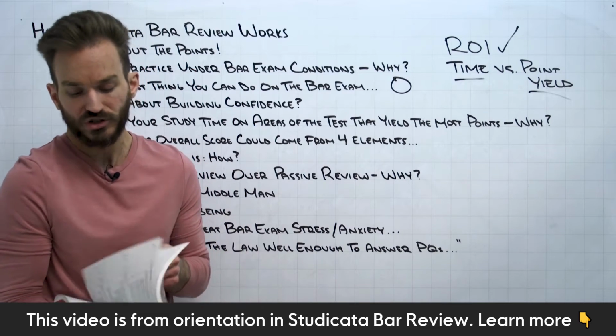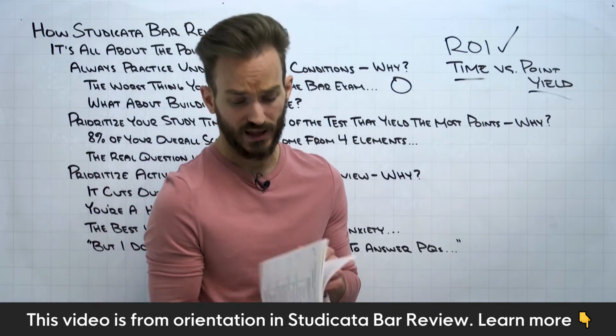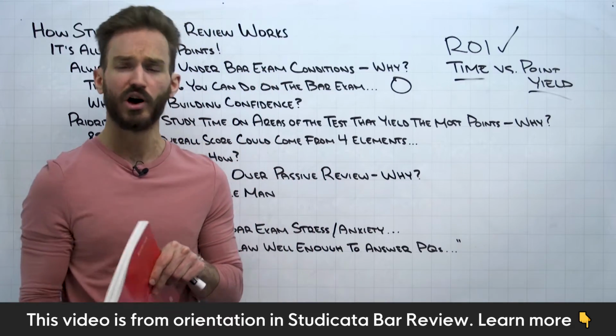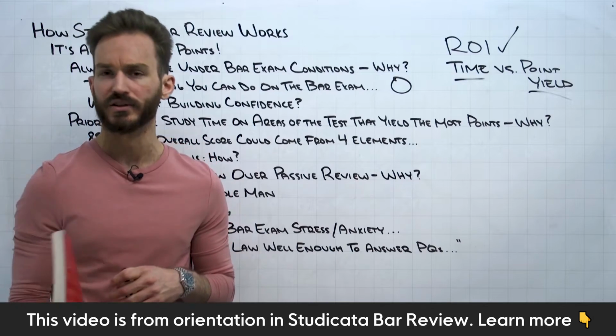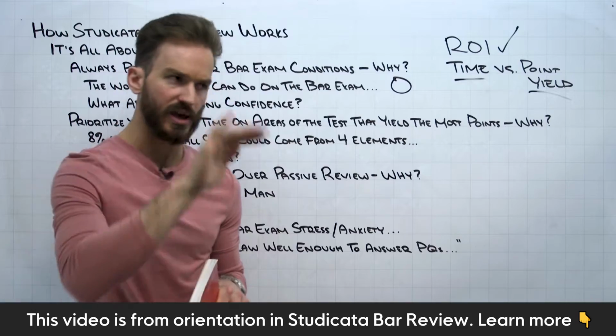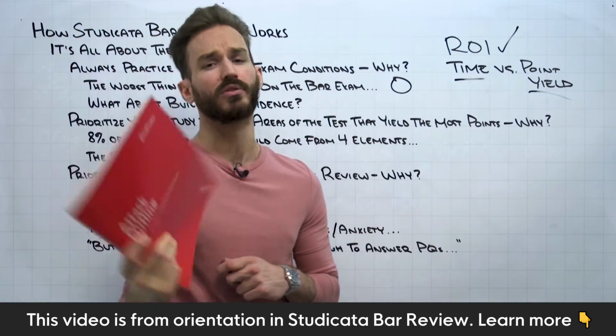This thing's actually got literally color-coded priority meters in it. It tells you on every rule how high priority the rule is. It's all weighted for you, and it's all based on over 20 years of data, analysis of all the data, looking at what's tested, what's not tested, analyzing it all out. It's all baked into this outline for you.